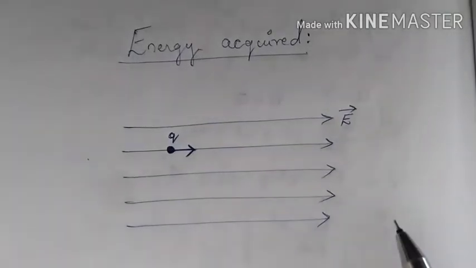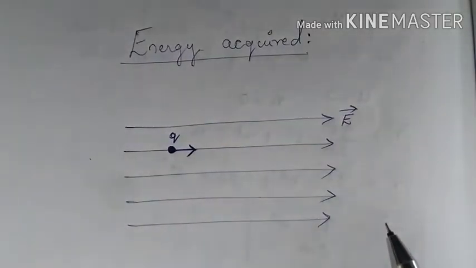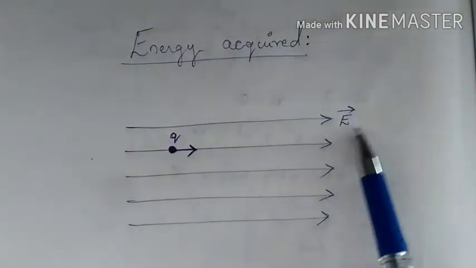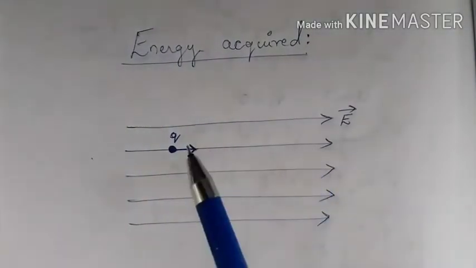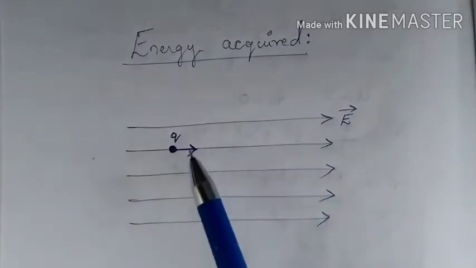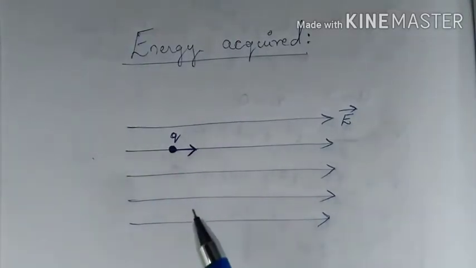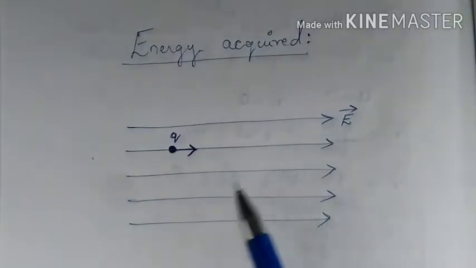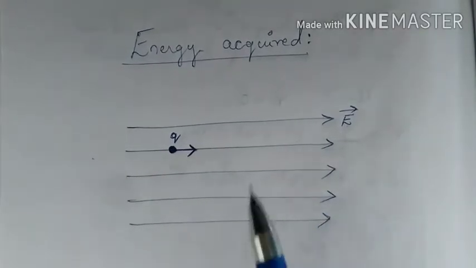So, the field gives energy to the charged particle to move with an even greater acceleration than it does without the electric field.